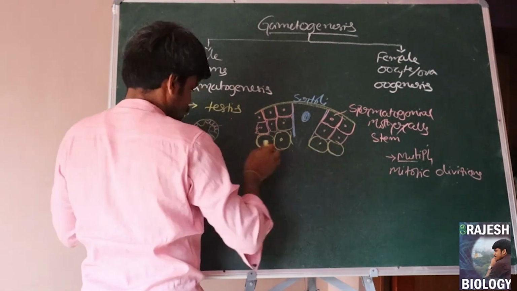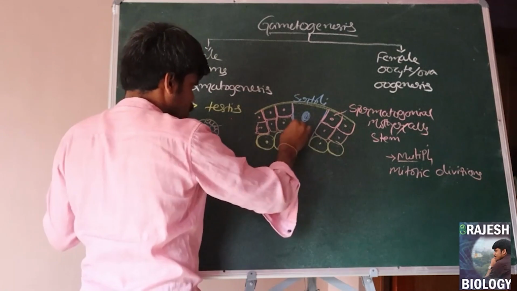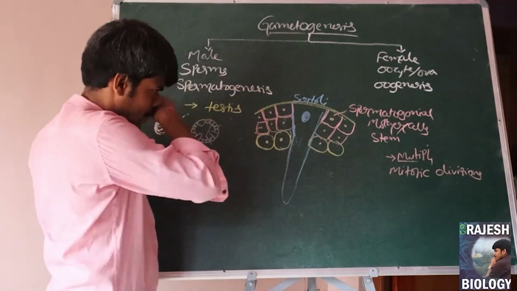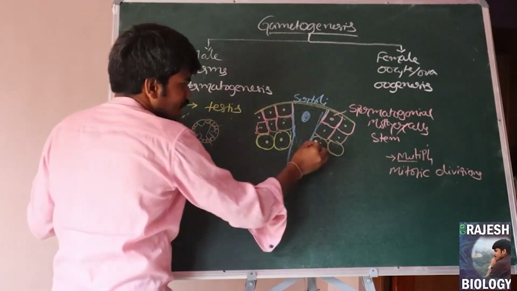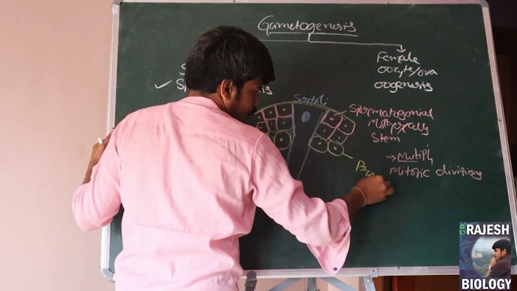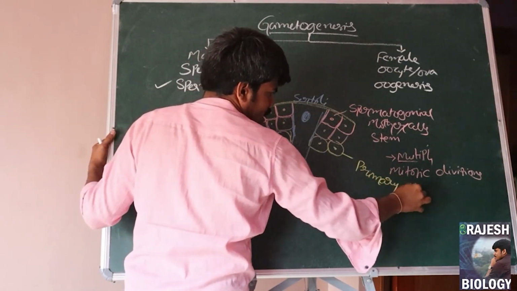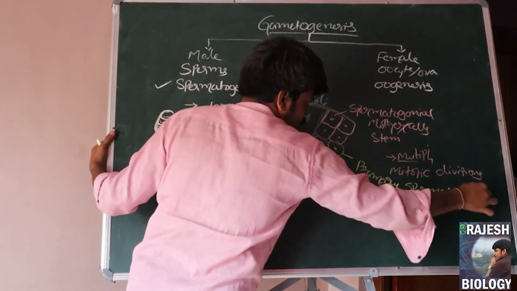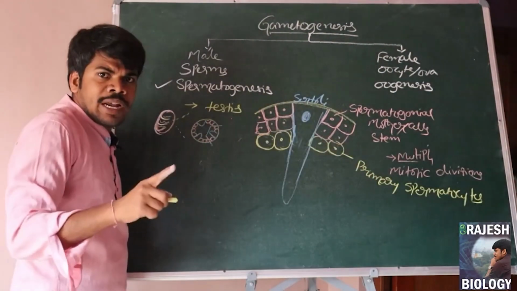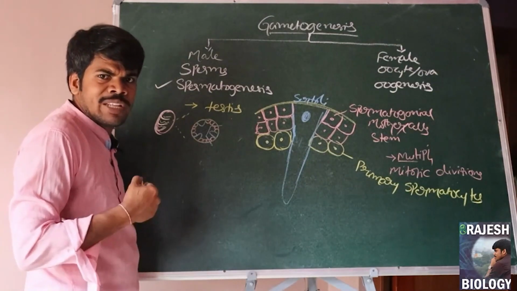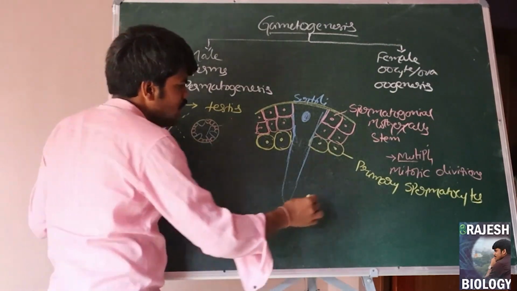And the Sertoli cell is elongated like this. So what are these cells? These cells are primary spermatocytes, which actually participate in the spermatogenesis process.